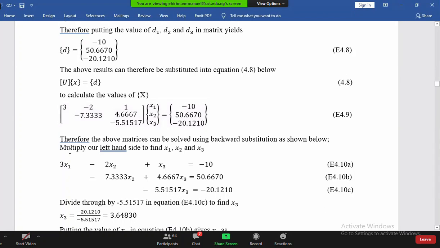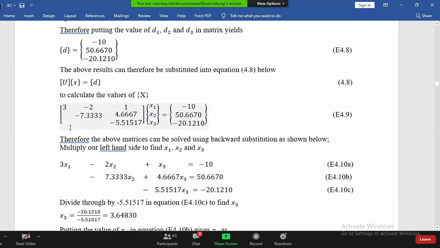So you have 3 times X1 minus 2 times X2 plus 1 times X3 equals minus 10, the first equation. And then the second equation, no X1 here, minus 7.333 times X2 plus 4.667 times X3 equals 50.667.